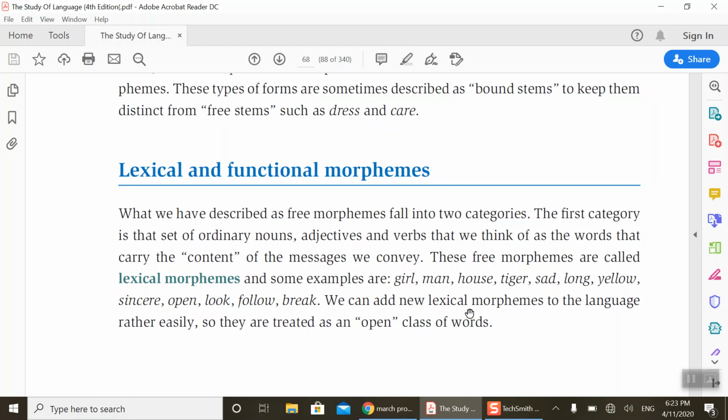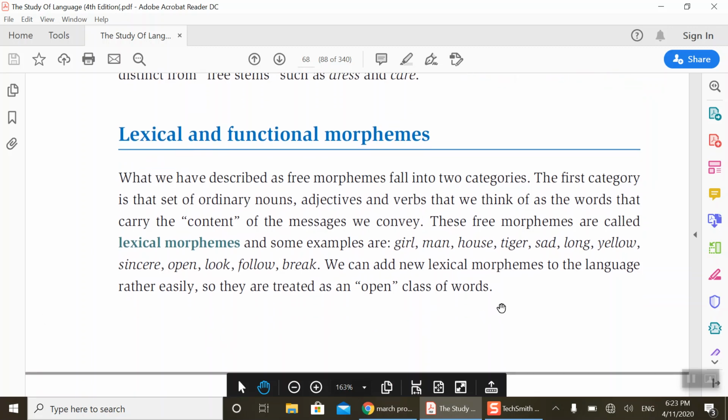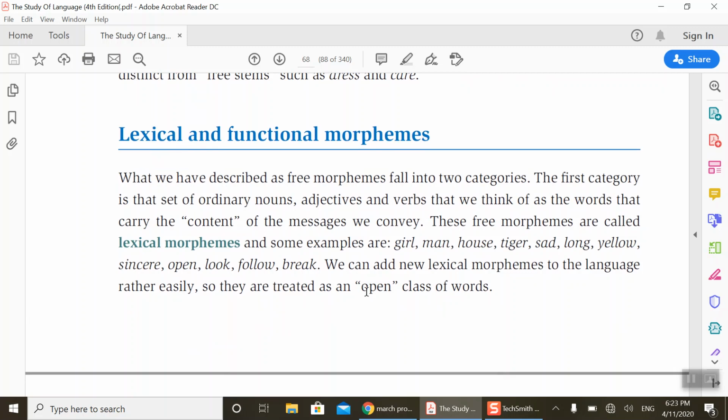We can add new lexical morphemes to the language rather easily, so they are treated as an open class of words. Another name for them, you can say they are open class items. You see, we can add new lexical morphemes to language. Remember the question I asked you, whether language is changing. Of course language is changing.